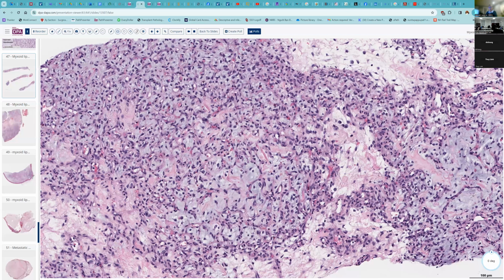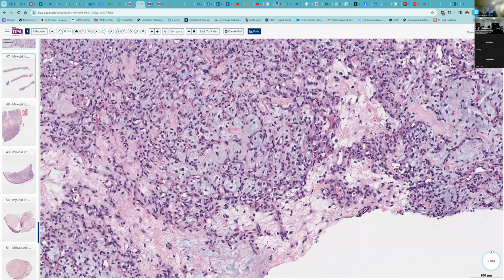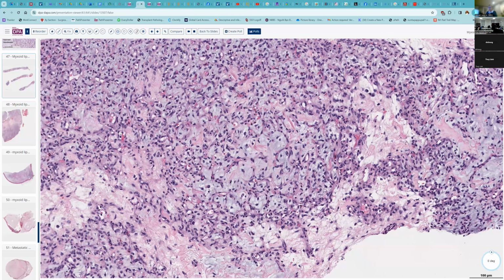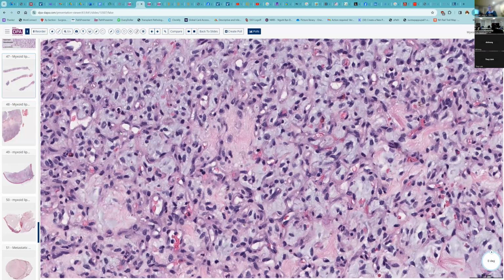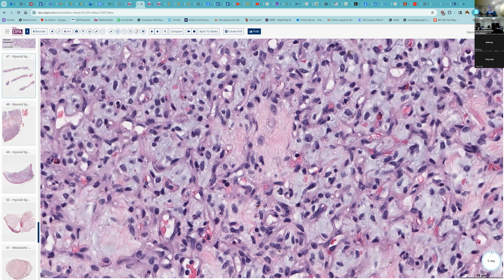That's true of some of the myxoid tumors as well. But that's maybe a clue, along with these occasional cleared out cells that look possibly like they're lipocytes or lipoblasts, as you see here.